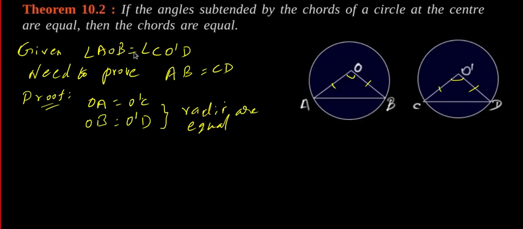And it is given that angle AOB equals angle CO'D. So the two sides and the included angle of one triangle are equal to two sides and the included angle of the other triangle. So, by the SAS congruency criteria.